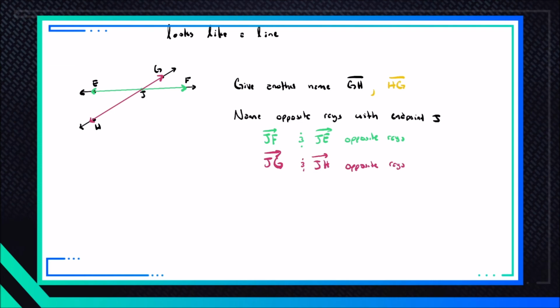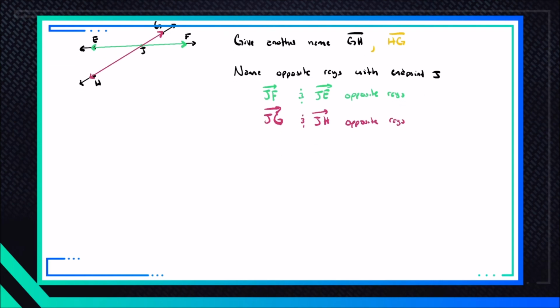I have one last example that is going to look a little bit tricky, but I promise you it's pretty straightforward. We're going to have one line right here, and it's going to have the labels G and E on it. It's also going to have the label R, so that's line R. And we're going to intersect this line R with line Q, and it's going to have the labels D and F on it.